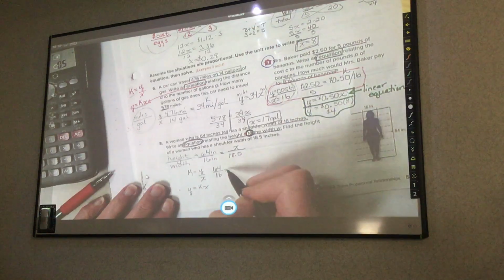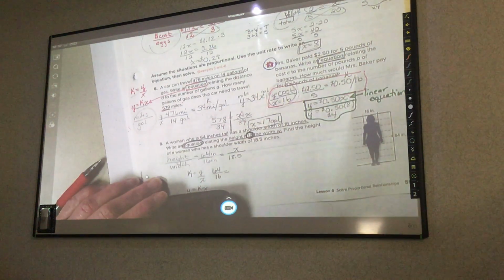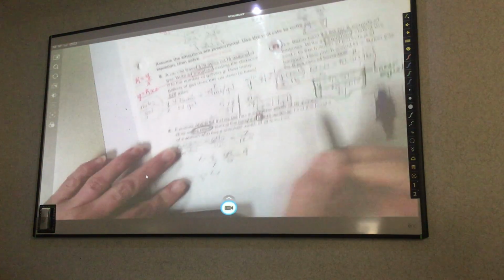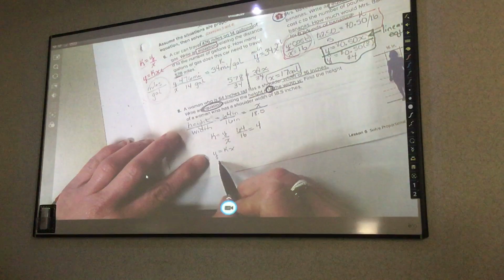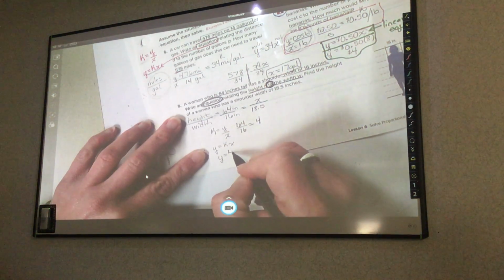How do I figure that as a constant? Just divide. You're finding the unit. So 64 divided by 16. 4. Yes. So my constant is 4. So now my equation is going to say Y equals 4 times X.